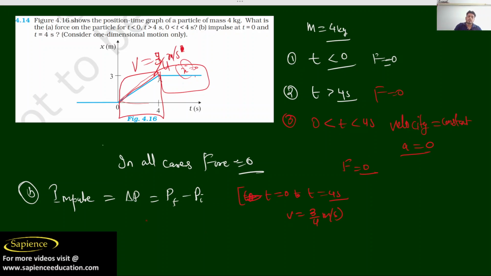Okay, so if I talk about the impulse at time t equal to 0, can we write what the final momentum will be?